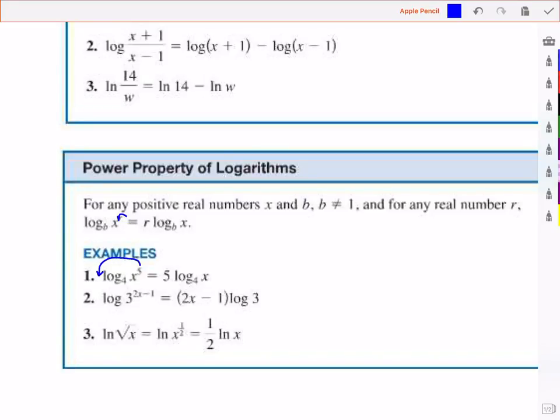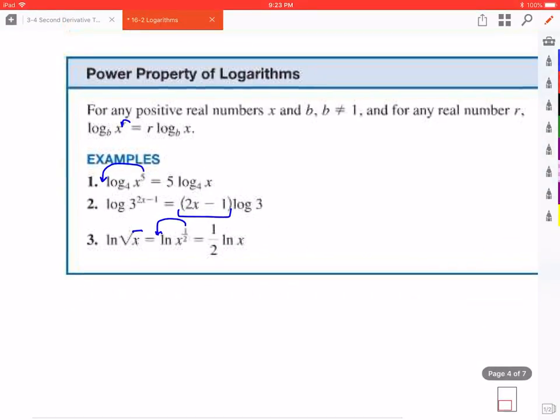So that exponent, that 5, just moved to the front. Okay? 2x minus 1 is the exponent, so that whole term moved to the front. Natural log of the square root of x, well, using our rational exponents, log of x to the 1/2, that 1/2 comes to the front, so 1/2 natural log of x.